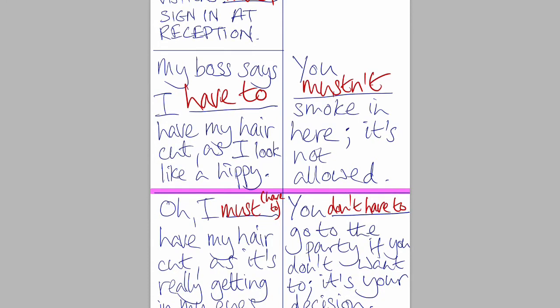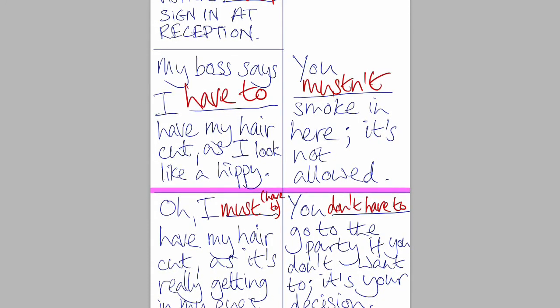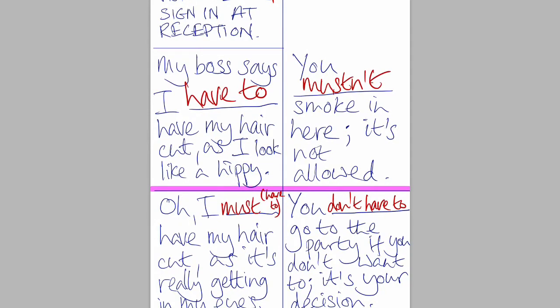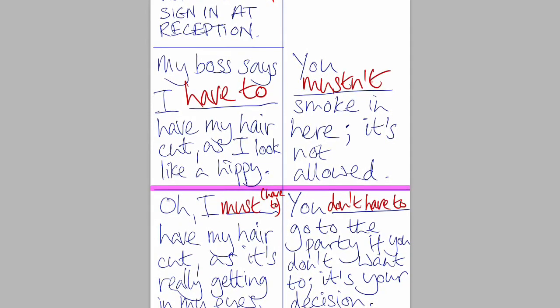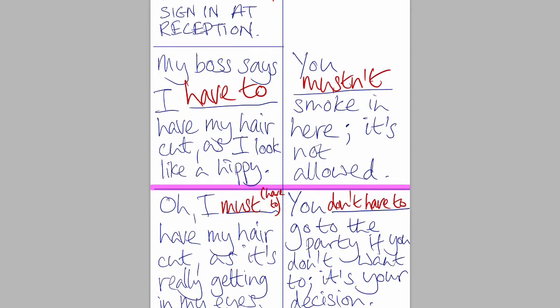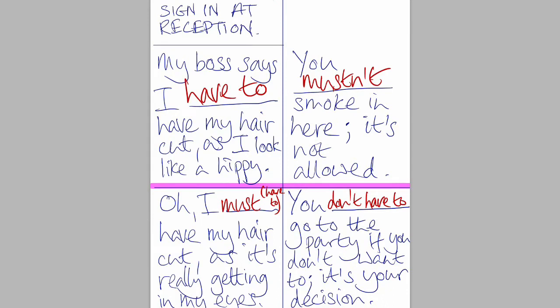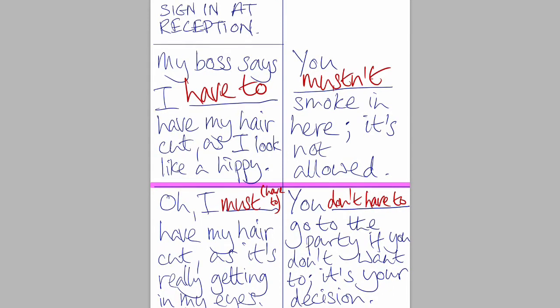Below the line, this is where you do have free will. This is your own decision making. So this is internal. Above is external, below is internal. This is epistemic modality. You don't need to know that term either.